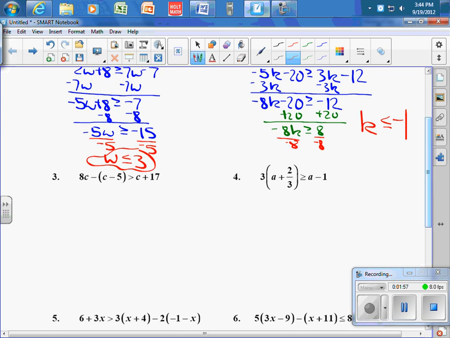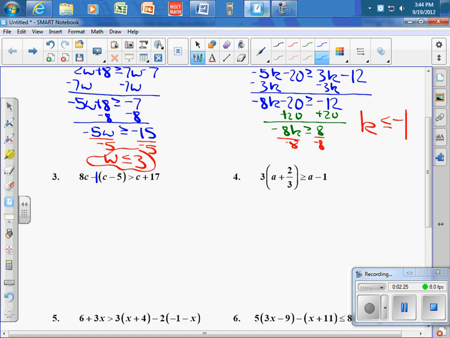Now let's look at number 3. We have 8c minus the quantity c minus 5 is greater than c plus 17. Now here's what I see when I look at a problem like this. On the outside of the parentheses, I have a number that I need to distribute. That number is negative 1.